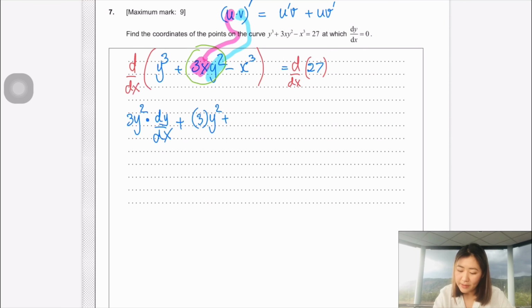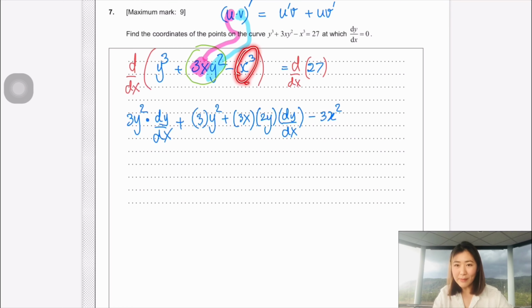For uv dash, you just copy u, which is 3x, and then differentiate v, chain rule again. See, we have to apply both product rule and chain rule all the time. So chain rule again, you're gonna get 2y times dy by dx. And last one, differentiate x cubed. You take 3 down, so it's minus 3x squared. Actually this one you have to apply chain rule, but you times it by dx, which is 1.